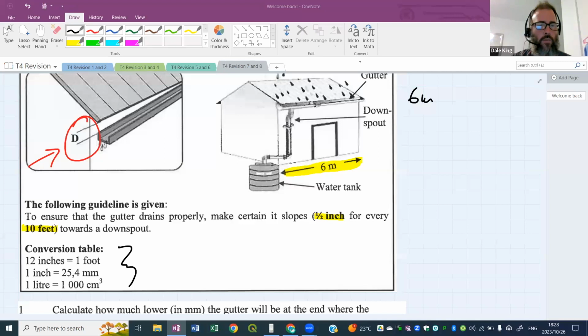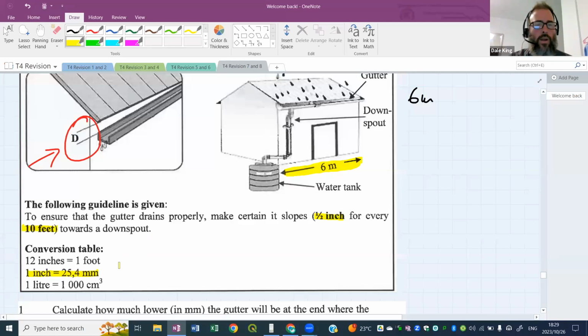So what I'm looking at is I need to go from meters into feet. The only conversion between the metric and the imperial that I have is this one here: 1 inch is 25,4 millimeters. I've got to use that one somewhere along the line.